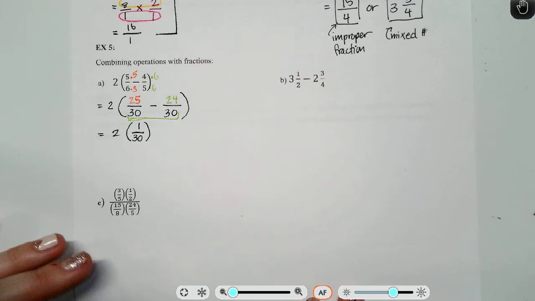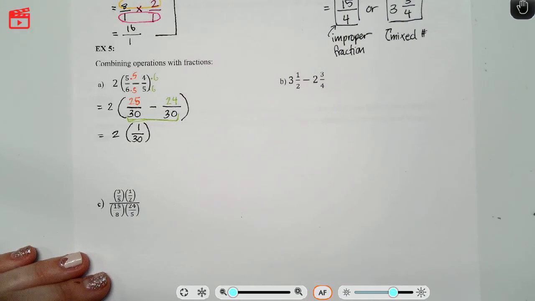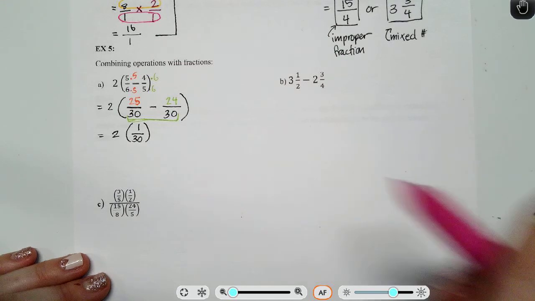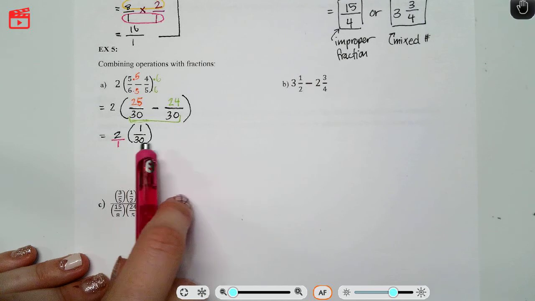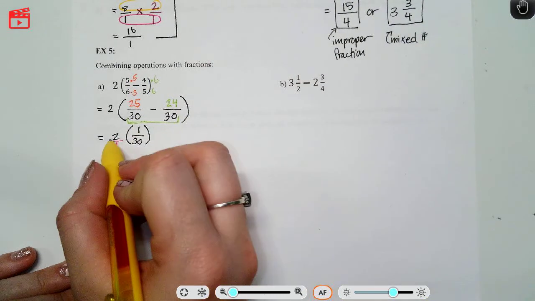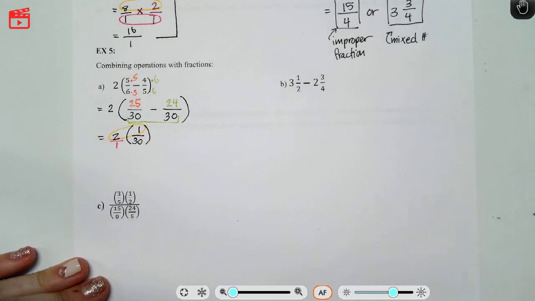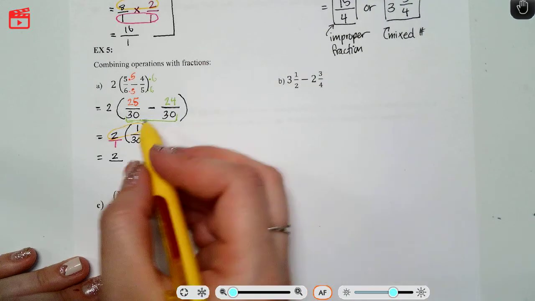Now we have 2 times 1 over 30. Remember, we can make 2 into a fraction by putting it over 1. So we have a fraction times a fraction, which we know how to deal with. Multiply the numerators, 2 times 1, and multiply the denominators, 1 times 30.